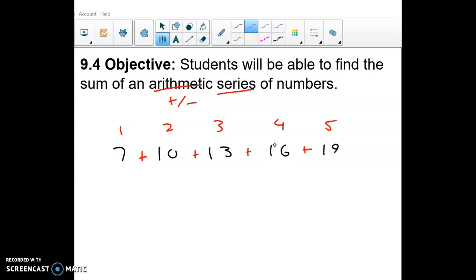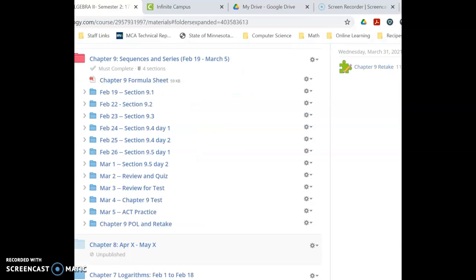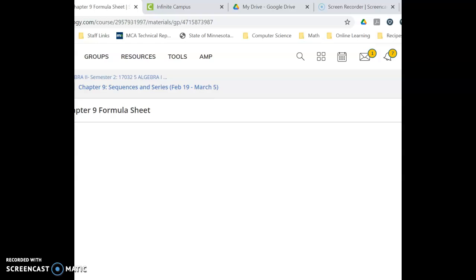In this lesson, then, we will be figuring out how to calculate these sums. It'll be another formula, all right? So I would definitely have a calculator out. And if you want to start referencing the formulas for this chapter, there's a digital version of it right here in the chapter 9 folder. There's a ton of different formulas, but the one we're going to do today is for arithmetic series.